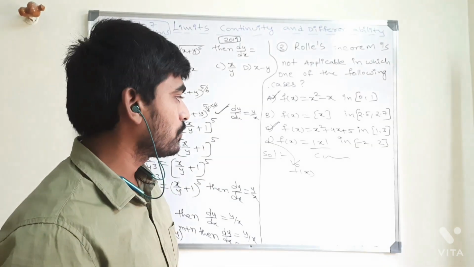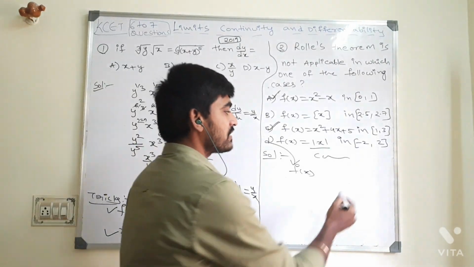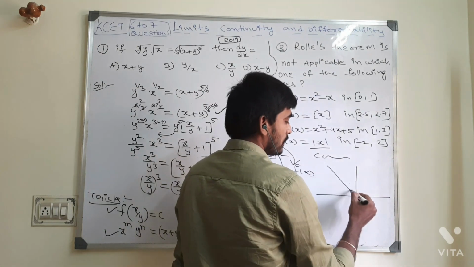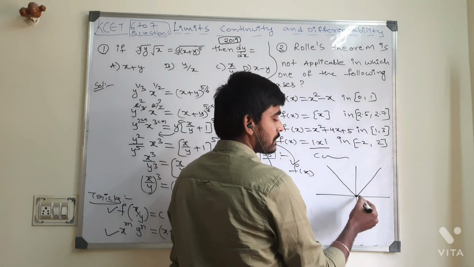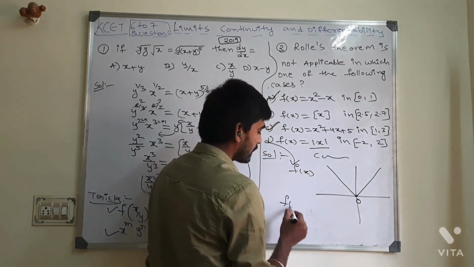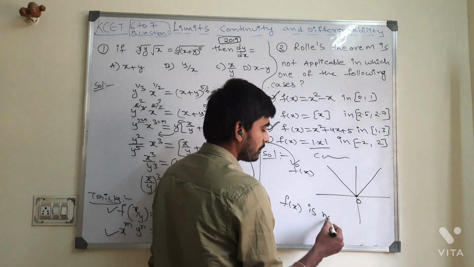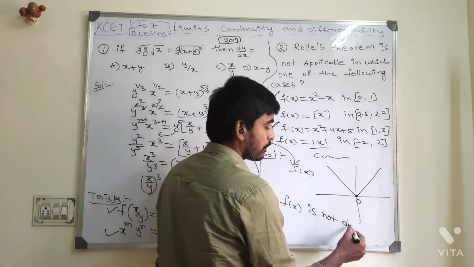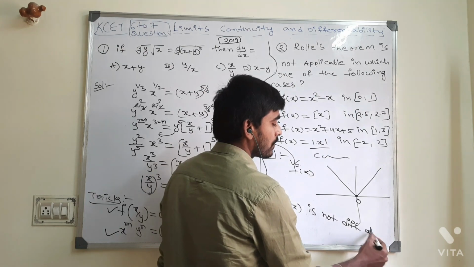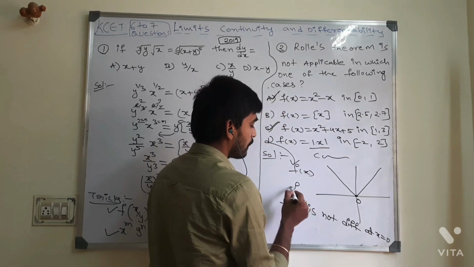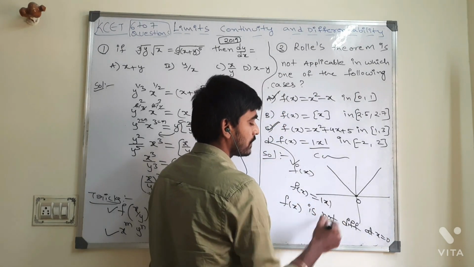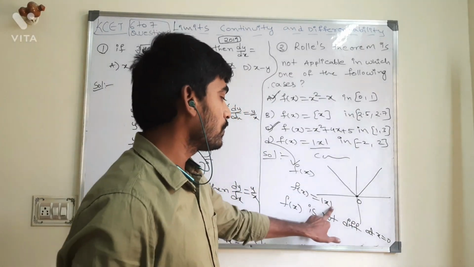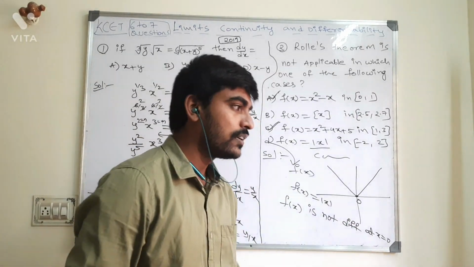Mod x is not differentiable, because it is having a sharp edge in the graph. So f of x is not differentiable at x equal to 0. F of x is equal to mod x.